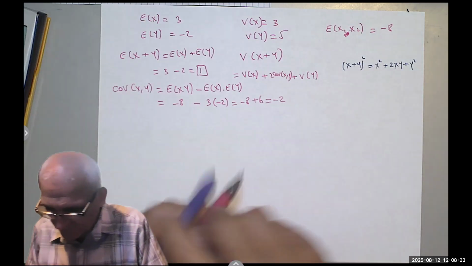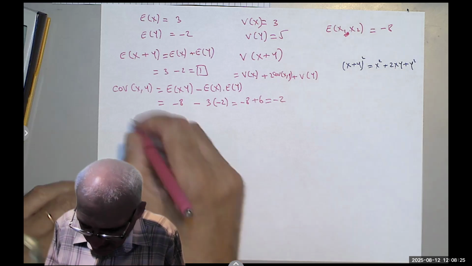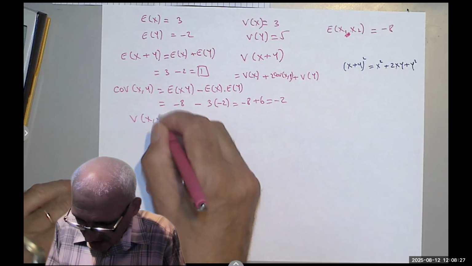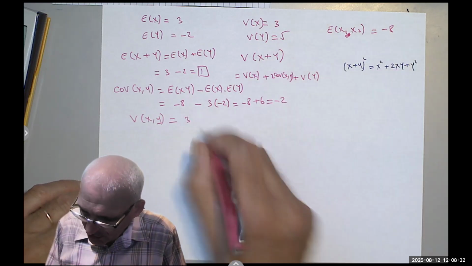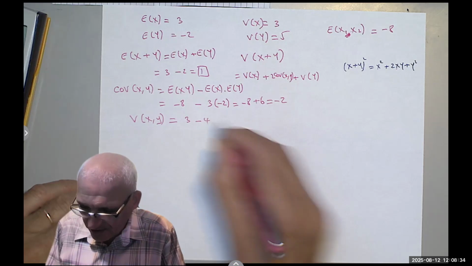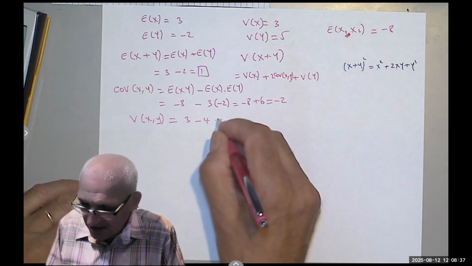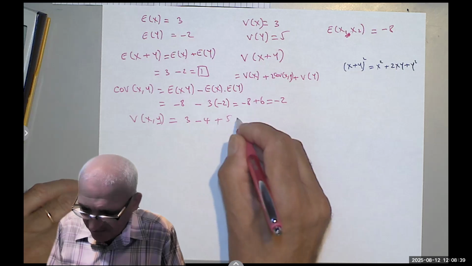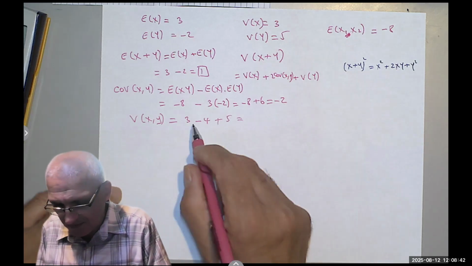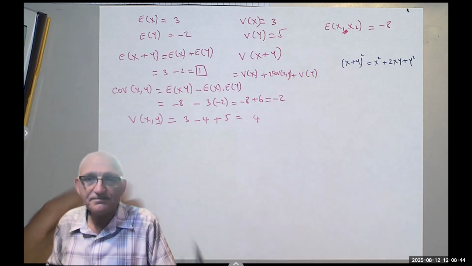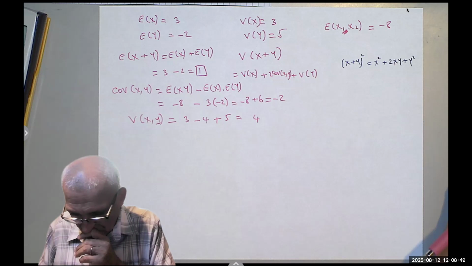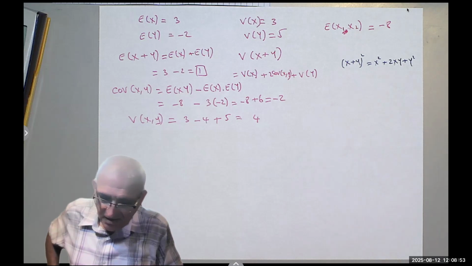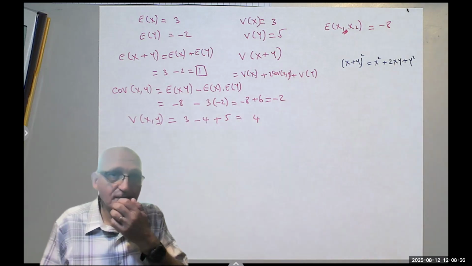So now the variance of x plus y equals the variance of x, which is 3, plus twice that, meaning -4, plus the variance of y, which is 5. You get 5 plus 3 is 8 minus 4 is 4. Okay? So the variance of x plus y is 4.